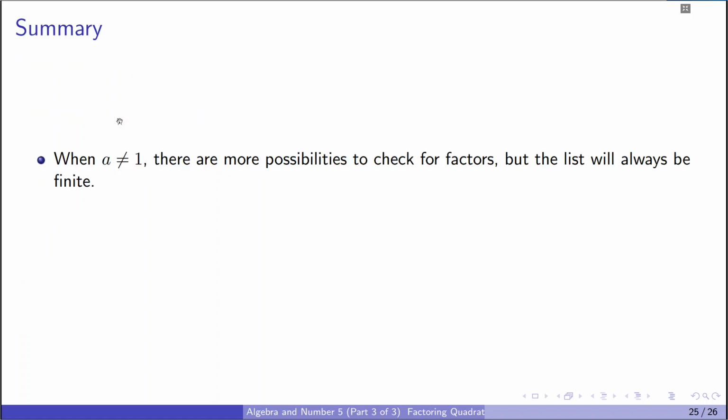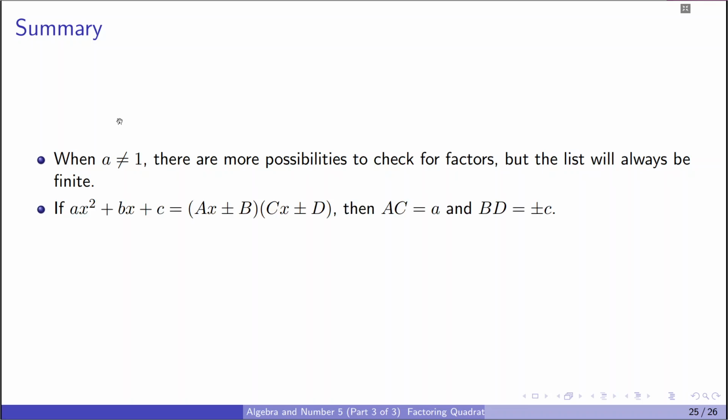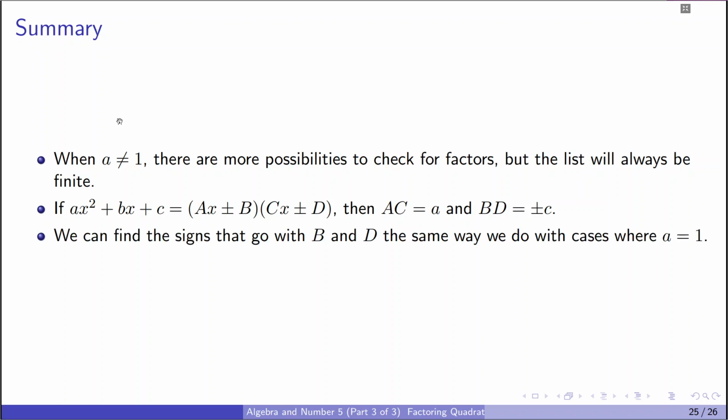So in summary, when a is not equal to 1, there are more possibilities to check for factors. The list will always be finite. If ax squared plus bx plus c factors, it'll factor in this form where we can figure out where the A and C terms come from. We find the signs that go with B and D the same way we did before.